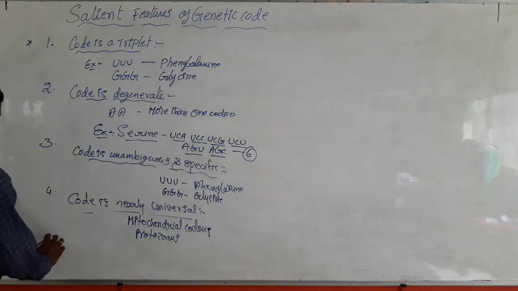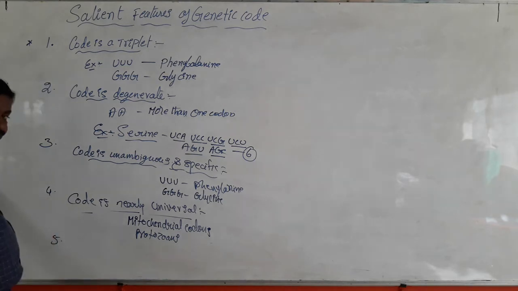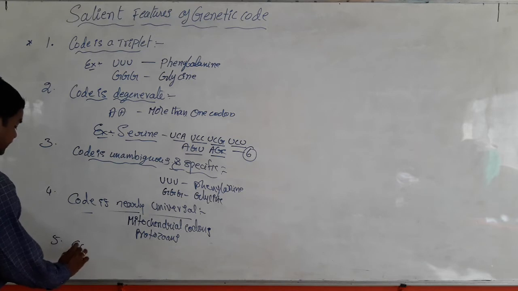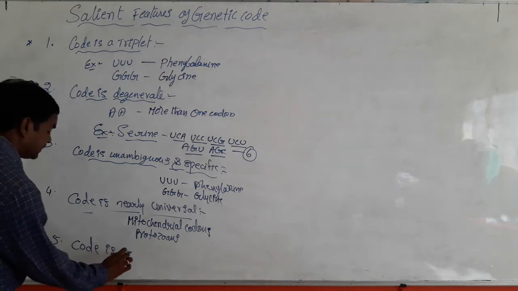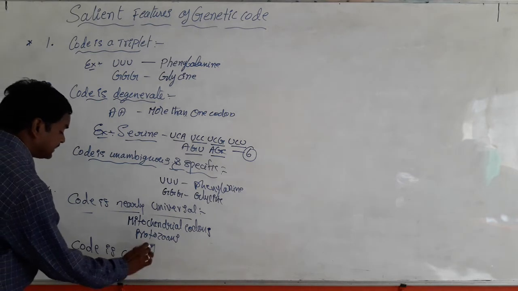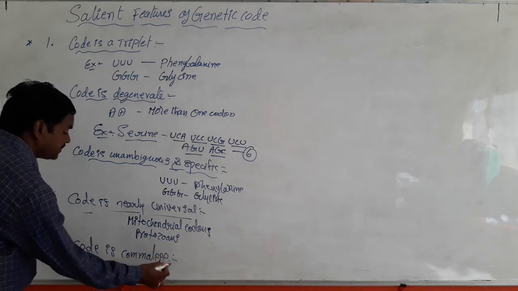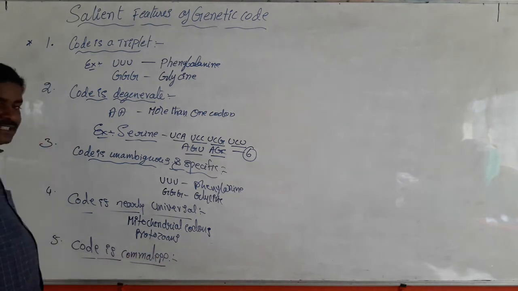Now coming to the fifth property, that is, the code is comma-less. What is the meaning of the code is comma-less?